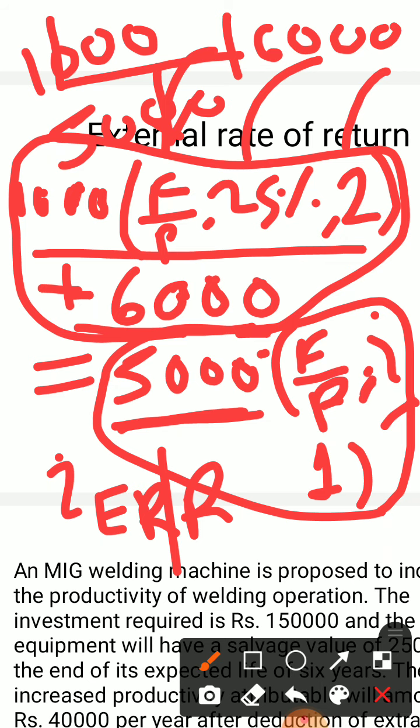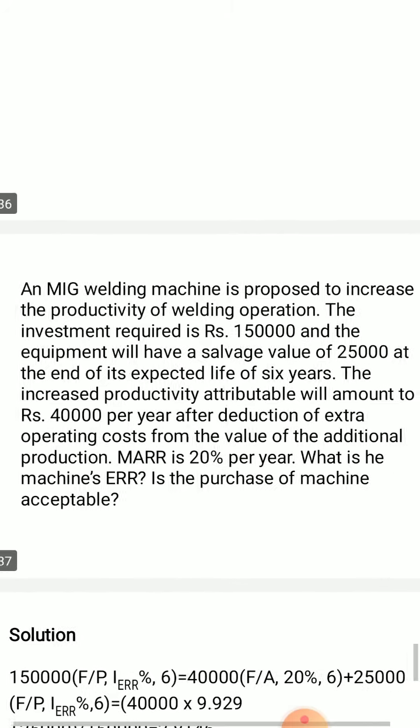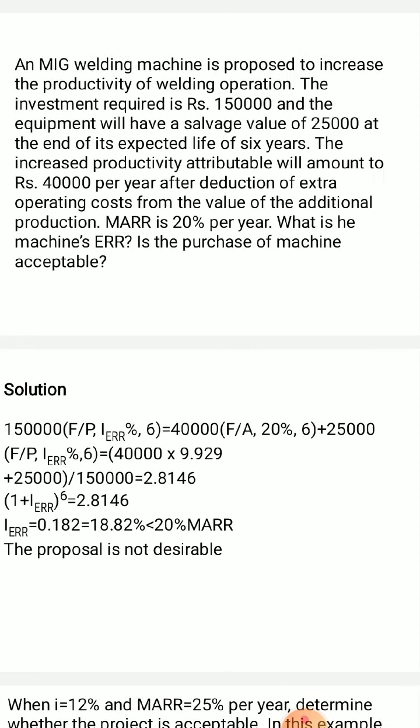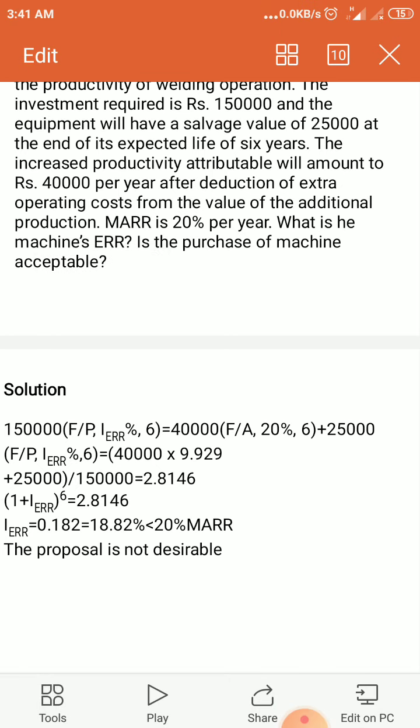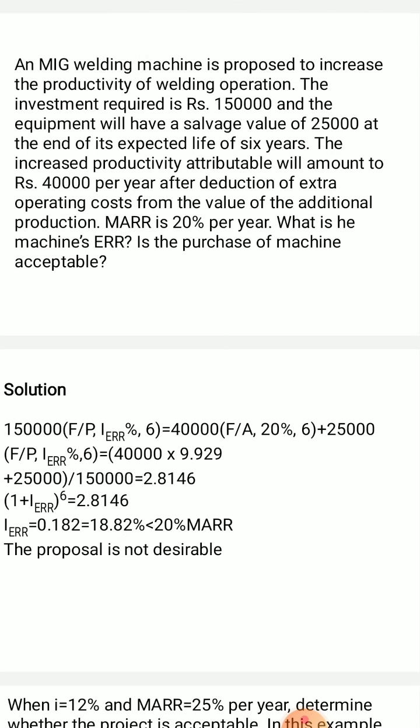So that will be represented in this example, which is similar to the previously discussed case. In this example, a MIG welding machine is proposed to increase the productivity of the welding operation. The initial investment required is rupees 1,50,000, and the equipment has a salvage value of 25,000 at the end of the 6 year period.